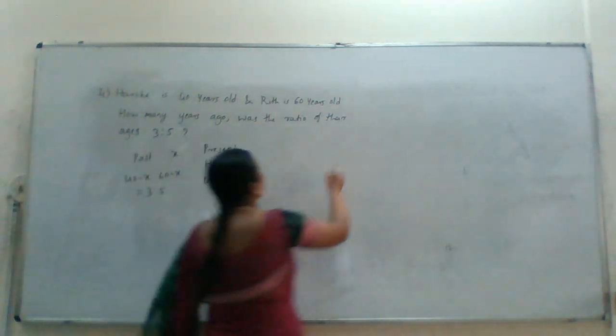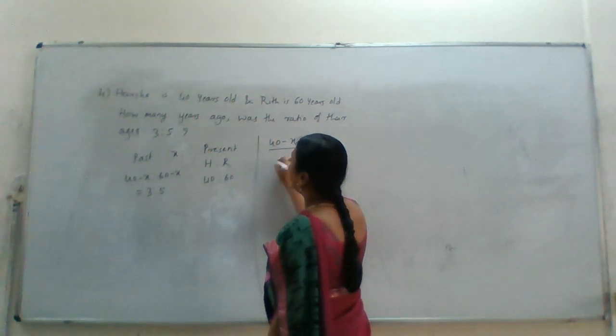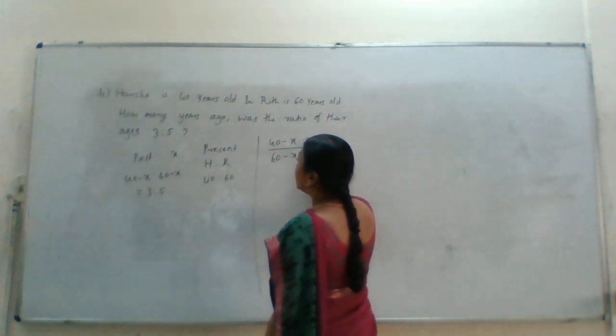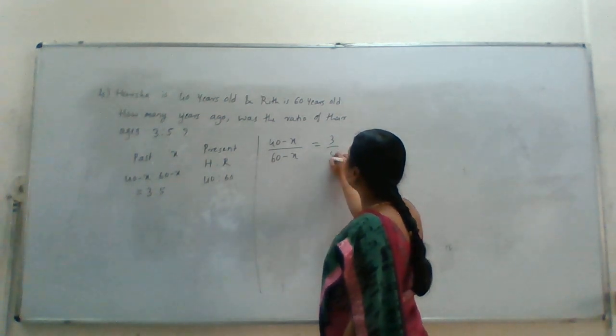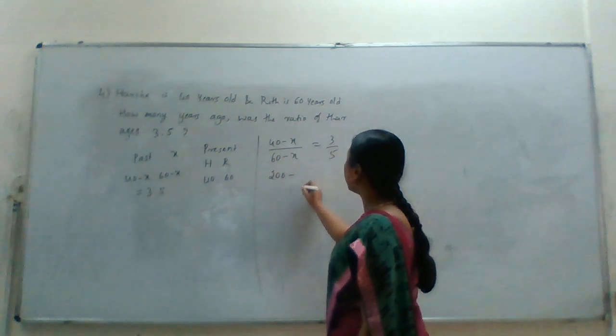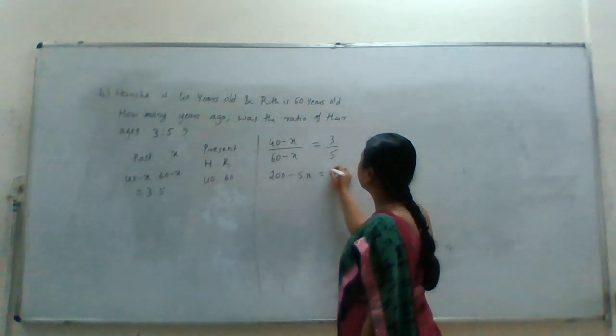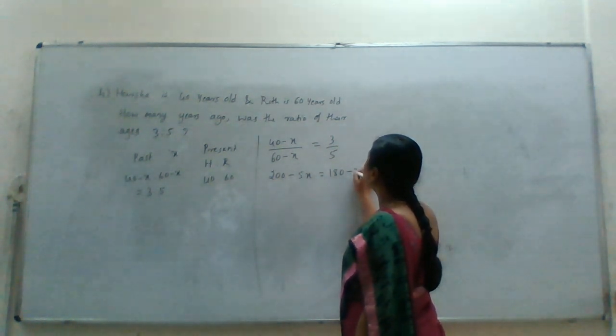So using this, you can solve it. That is, 40 minus x divided by 60 minus x is equal to 3 divided by 5. So 5 into 40 is 200, minus 5x, is equal to 3 into 60, 180, minus 3x.